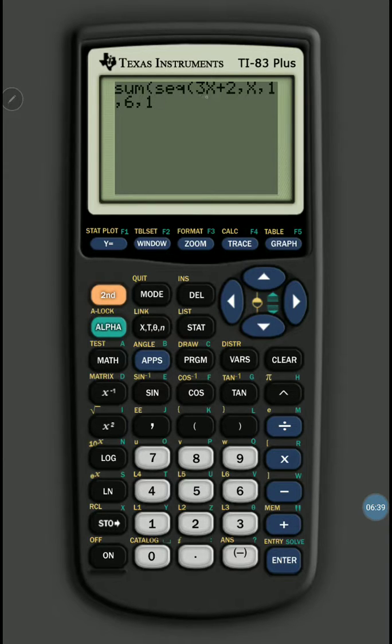So we've got 3x plus 2, variable x, starting at 1, going up to 6, going up by 1s. So this is going to plug 1 in, then it's going to plug 2 in, and then it's going to plug 3 in, and so on, all the way up to 6. And then it's going to add all those numbers together. Hit enter. You see we get the same number, 75, here.